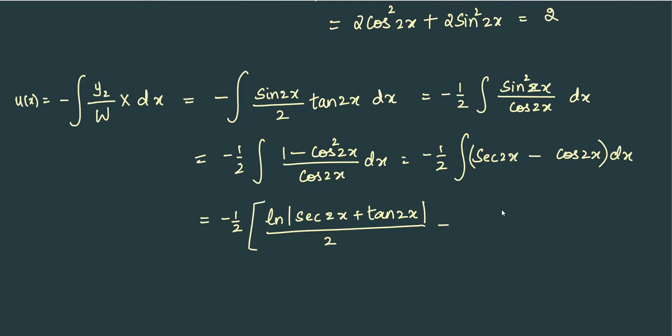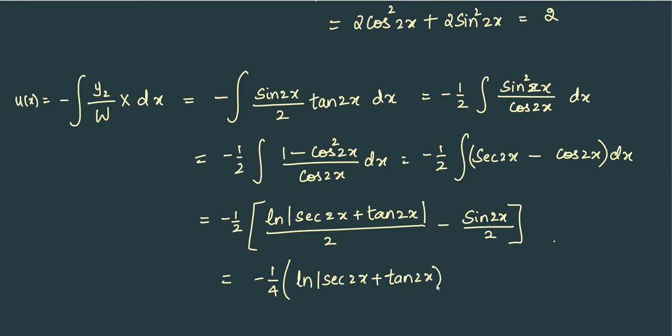And the integral of cos 2x is sin 2x upon 2. So this function u is minus 1 by 4 times log mod secant 2x plus tan 2x, minus sin 2x.